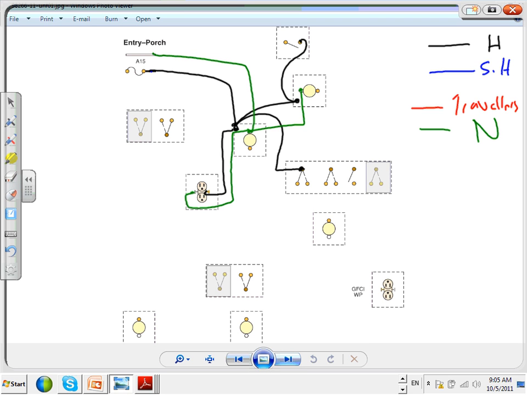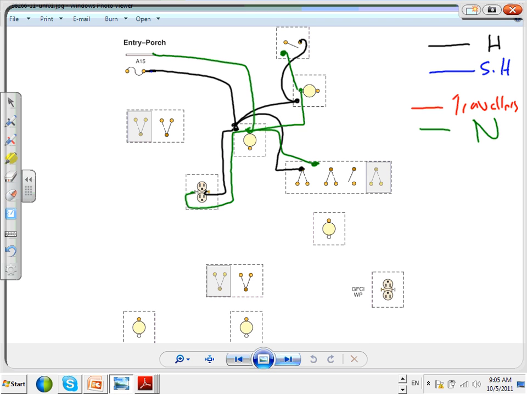And from this fixture, I went down to the switch and landed it just on the switch. I also took a three-way and brought it from this fixture and landed it right in this box. Did I miss anything?